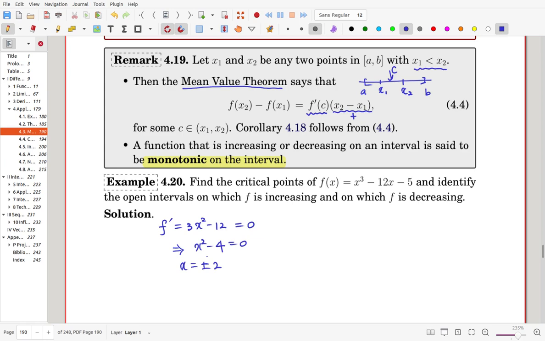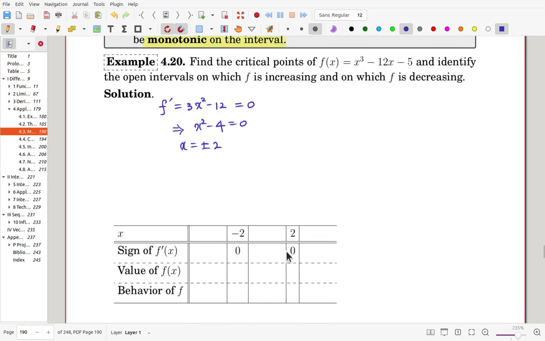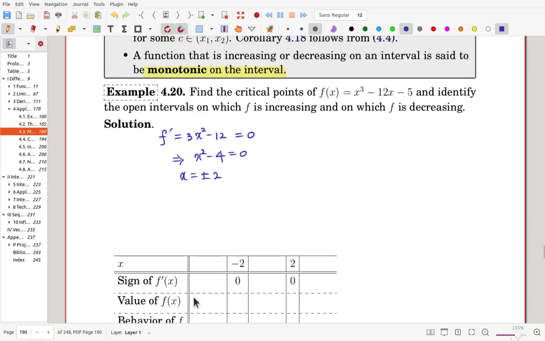These are critical points. At minus 2 and 2, f prime is 0, and now you can find the signs of f prime on the subintervals: from minus infinity up to minus 2, between minus 2 and 2, and from 2 to infinity.